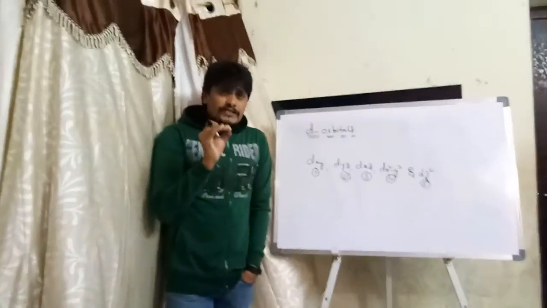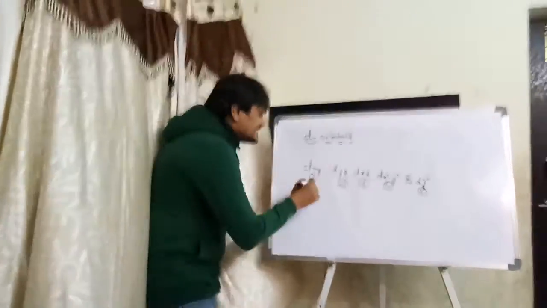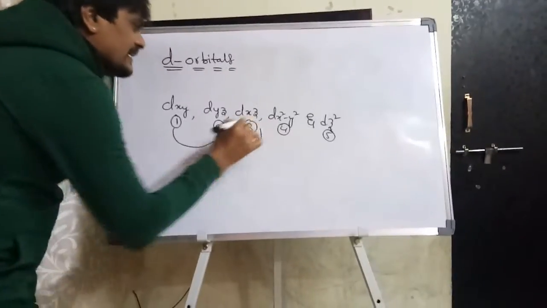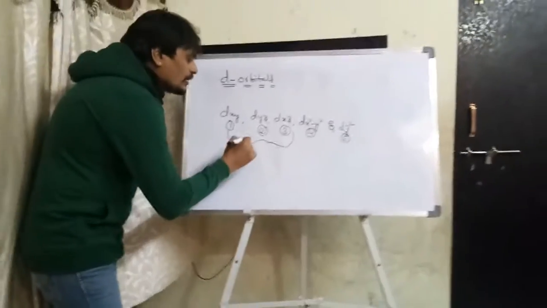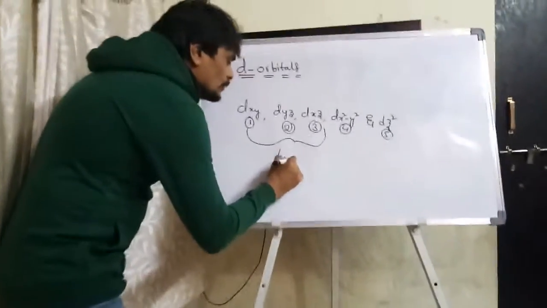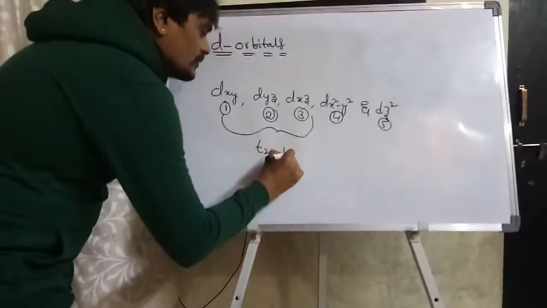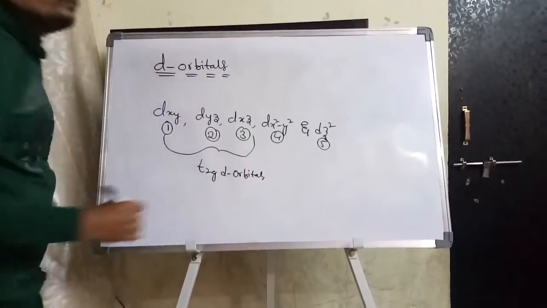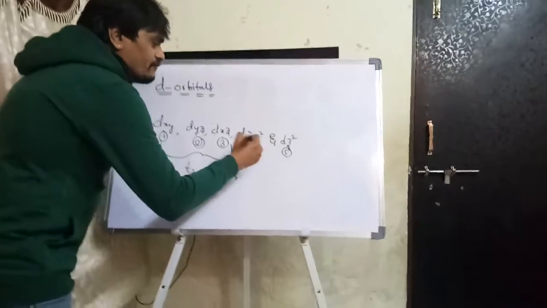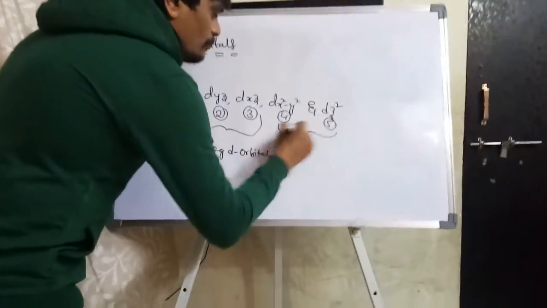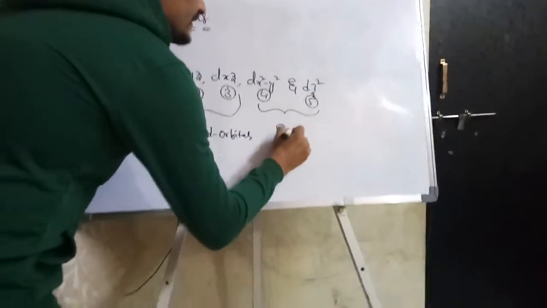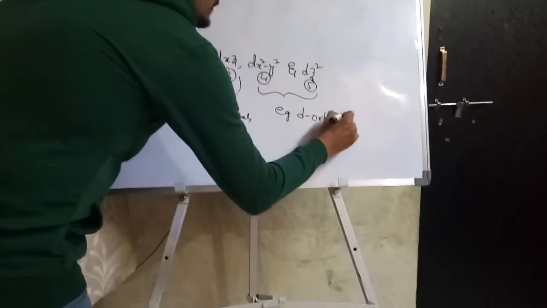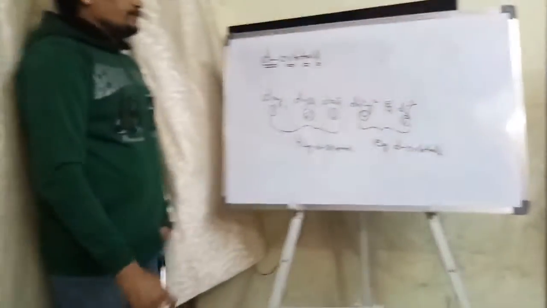Out of the 5 d orbitals, these 3 d orbitals, dxy, dyz and dxz, are called T2g d orbitals. And the remaining 4th and 5th ones are both called Eg d orbitals.